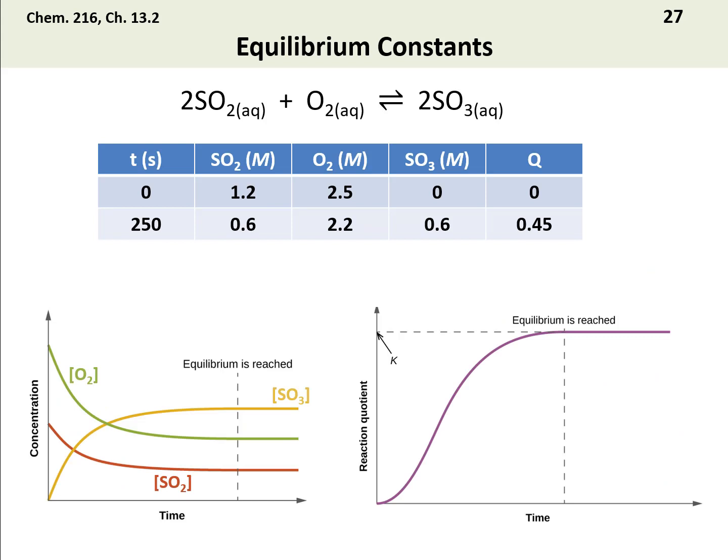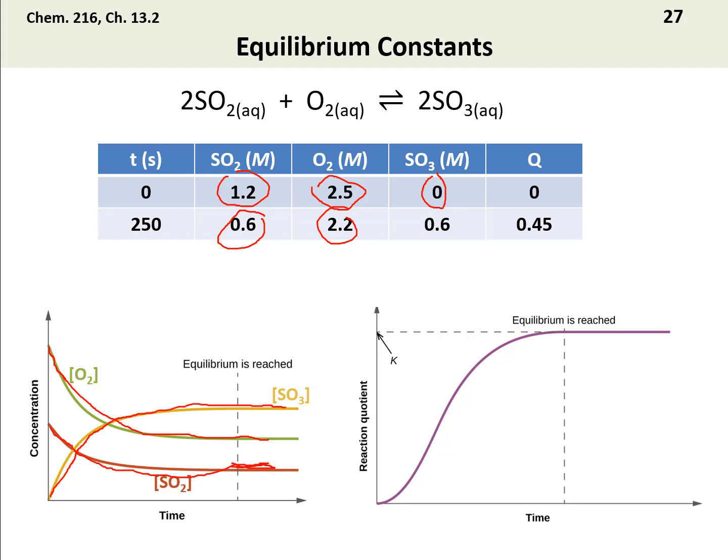Why does Q change? Well, it changes because over time, notice my O2 goes from 2.5 to 2.2. So my O2 concentration's changing. My SO2 goes from 1.2 to 0.6, so it's also changing, right? Well, eventually, it's going to even out for both of them, or stop changing. That's called equilibrium. My SO3, it's increasing because it's a product, and eventually it also gets to equilibrium.